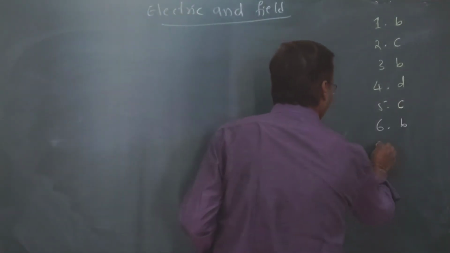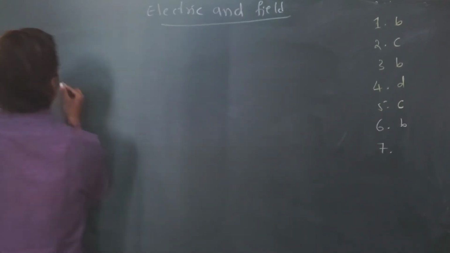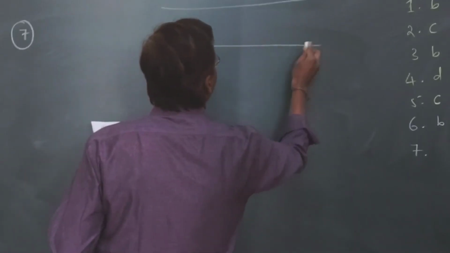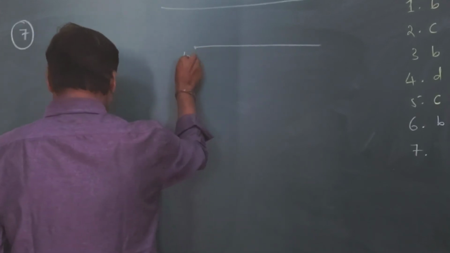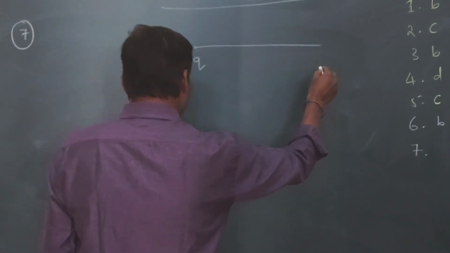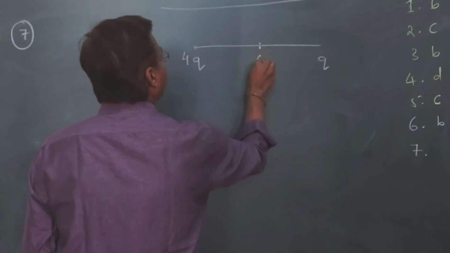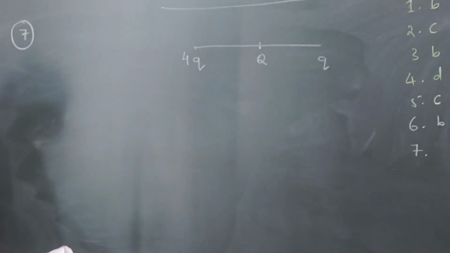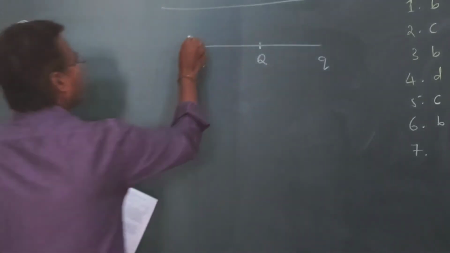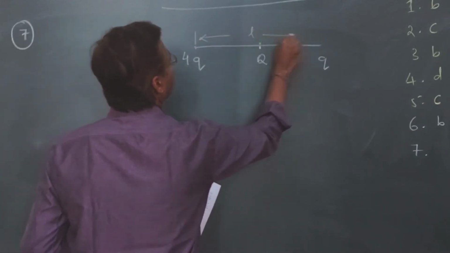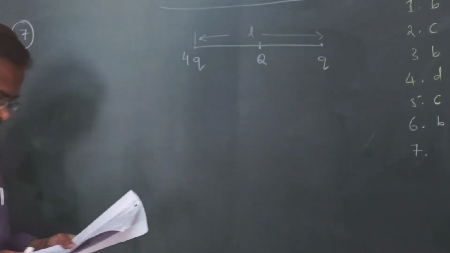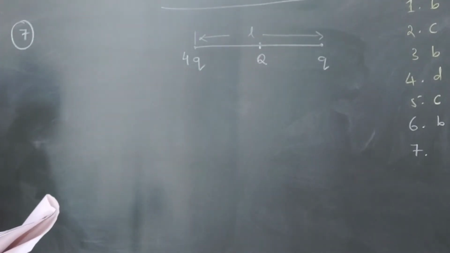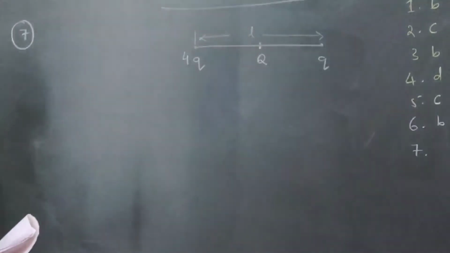Now question number 7 we are discussing. Here is the 4q charge, here is the q, and this one is capital Q. The charges 4q, Q and q are placed in a straight line of length L at points 0, L by 2 and L respectively.